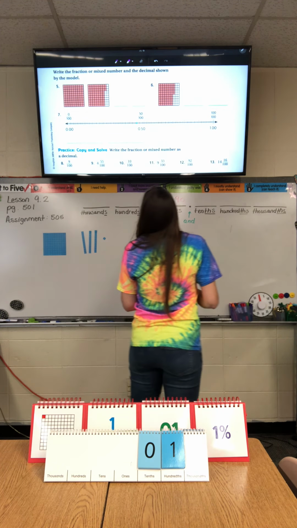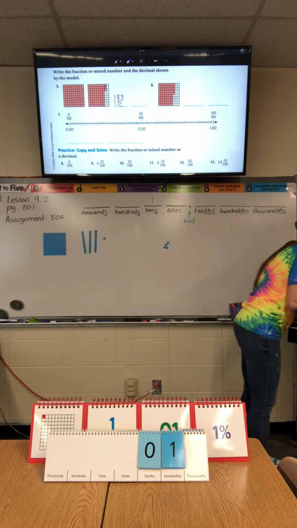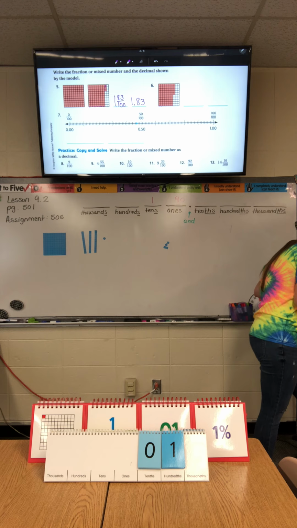So we're looking at number 5, and they've got 1 whole model shaded, and then we've got 1, 2, 3, 4, 5, 6, 7, 8 tenths, and then 3 hundredths. So 1 and 83 hundredths here, 1.83.